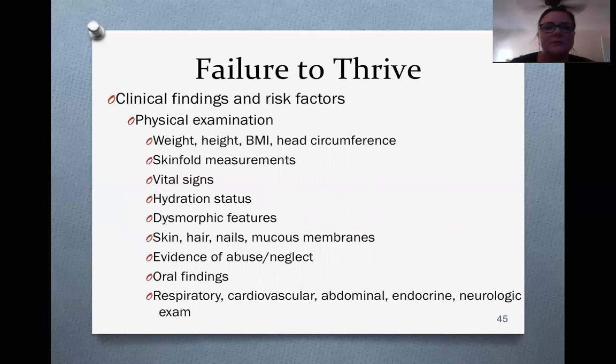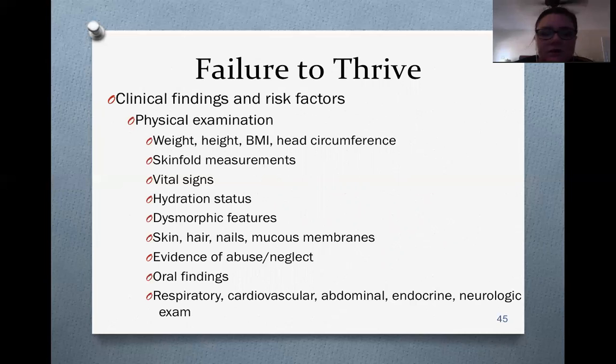One of the main things you want to check is that height to weight ratio, because if a baby is increasing in height but their weight is not increasing, then that is usually a sign that they are malnourished and not receiving enough calories. You also want to check for any evidence of abuse or neglect, and make sure they have a good suck and swallow reflex.